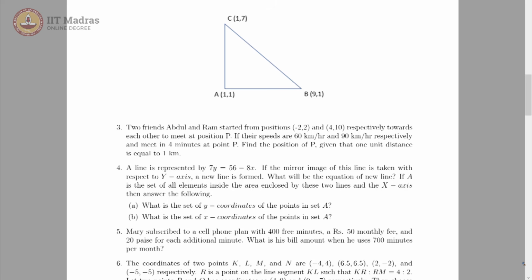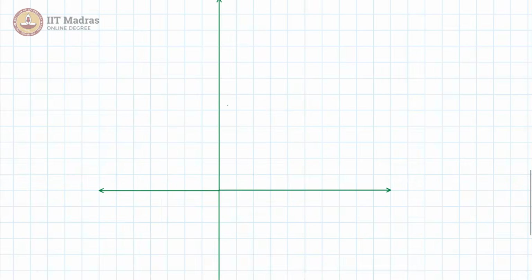So first let's locate their positions. This point is the origin, and now among the two friends, one, Abdul, is at minus 2 comma 2. So this is minus 2 here and this is plus 2 here. So Abdul is here, A, minus 2 comma 2.